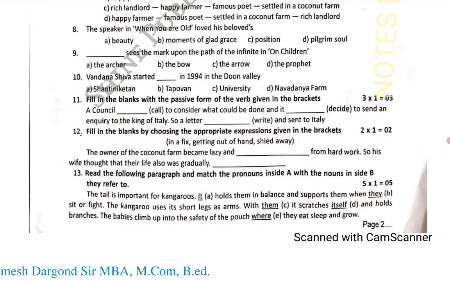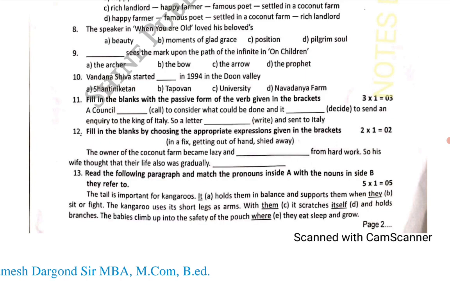He became very lazy, and then also he shied away. Shied away means he forgot. He didn't do the work, and he started roaming here and there, and started enjoying his life. So, shied away from the hard work. He left the hard work.